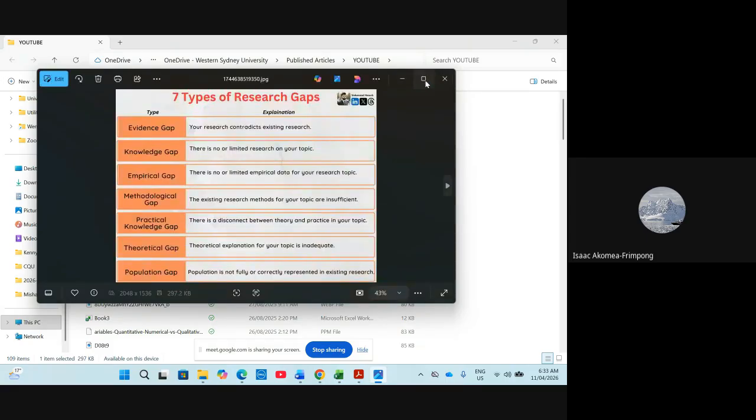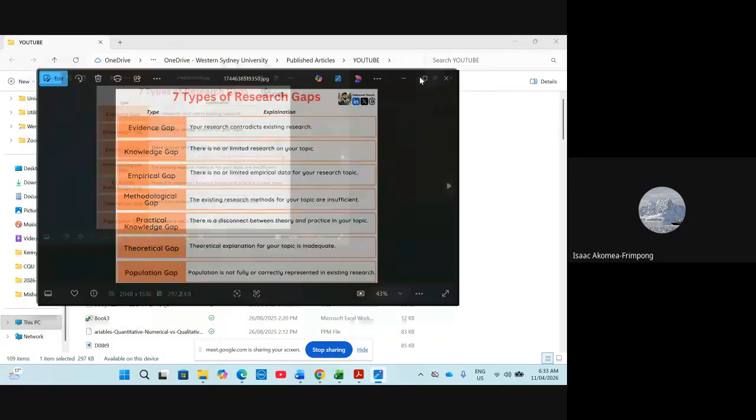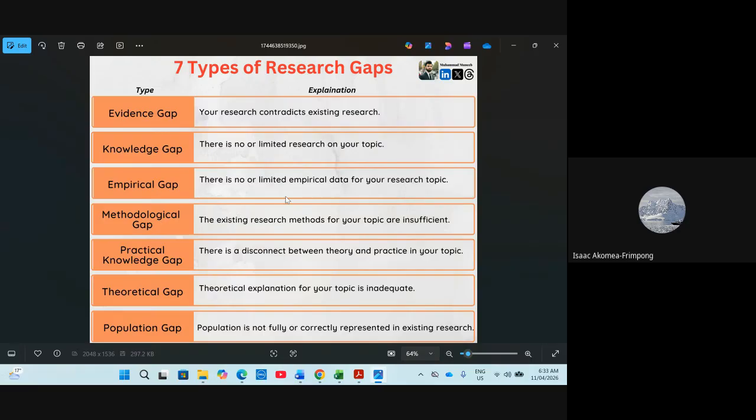In academic research, gaps can be grouped like this, but it doesn't mean these are the only gaps; generally these are the gaps that you see. We have the evidence gap, the knowledge gap, the empirical gap, the methodological gap, the practical gap, the theoretical gap, and the population gap.